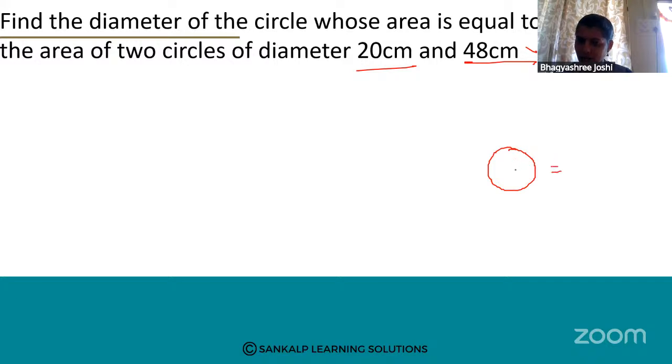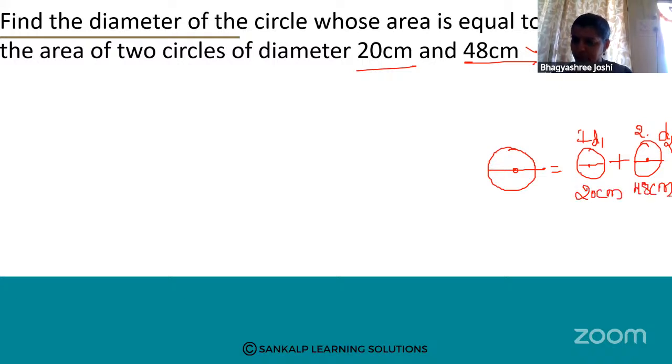We need to find the diameter of the circle whose area is equal to the sum of the areas of the two circles. Call these D1 and D2: the diameter of the first circle is 20 centimeter and of the second circle is 48 centimeter.